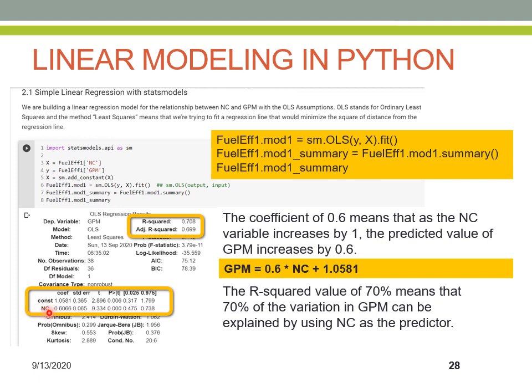And the coefficient for number of cylinders is 0.6, which makes our simple linear equation into GPM equals 0.6 times NC plus 1.0581. We're also seeing the other variables here, the standard error, our t-value, our p-value here with the confidence intervals. So this is the output of statsmodels, which gives you a very nice table.